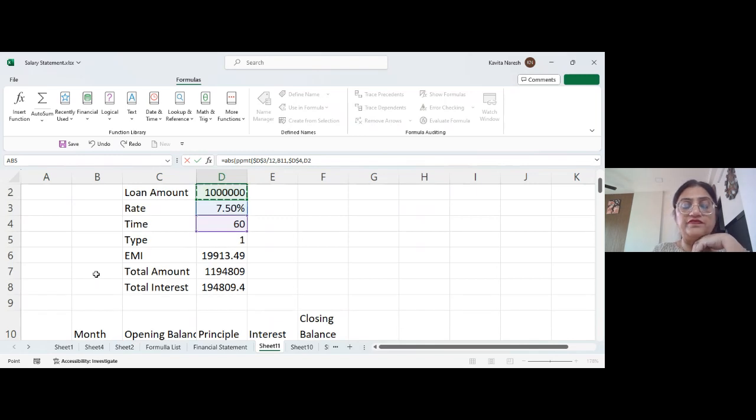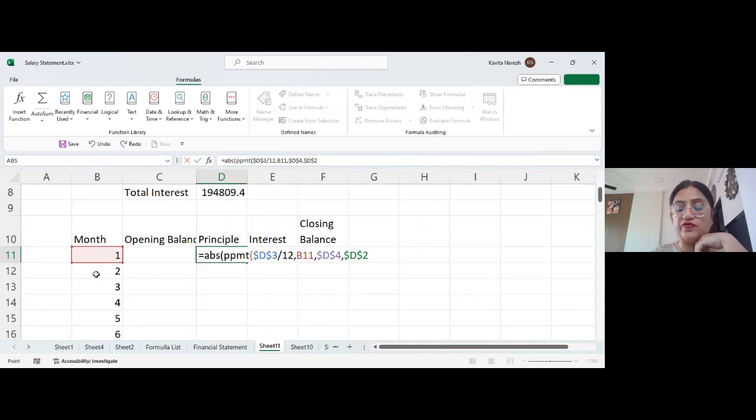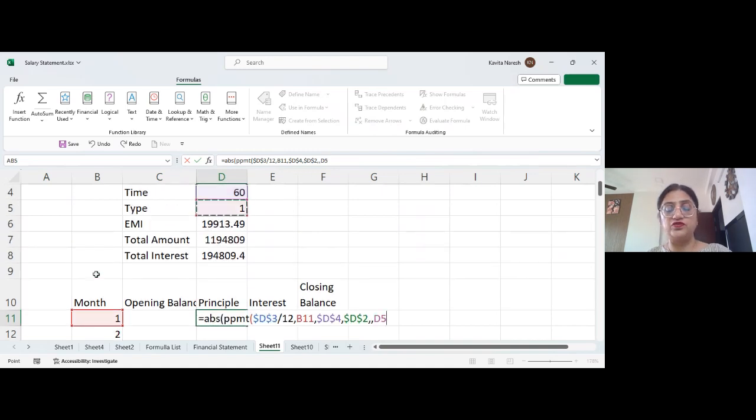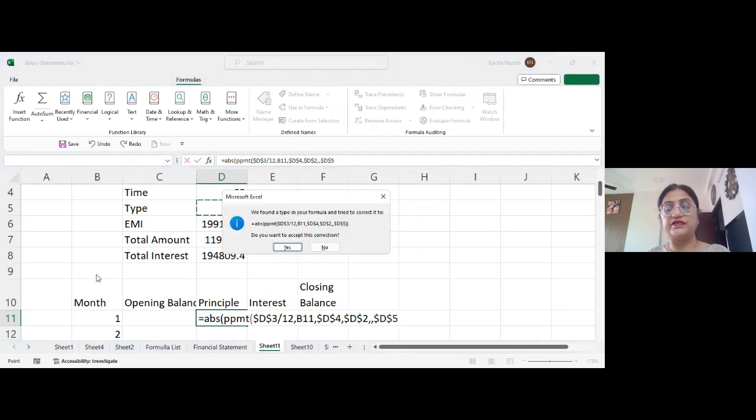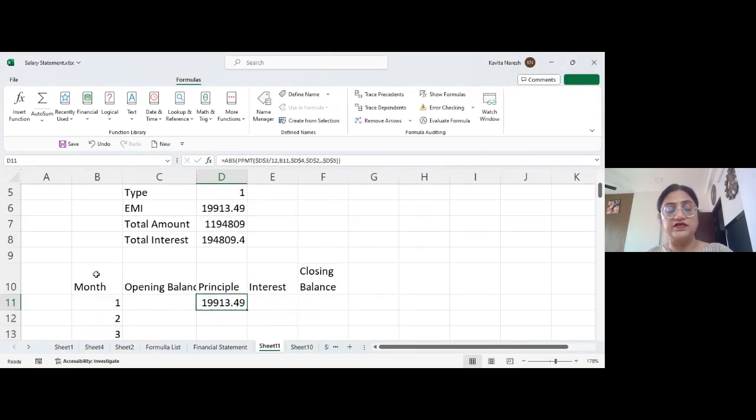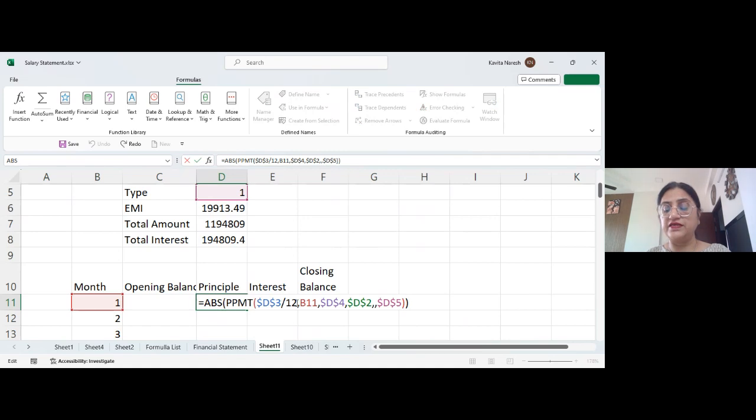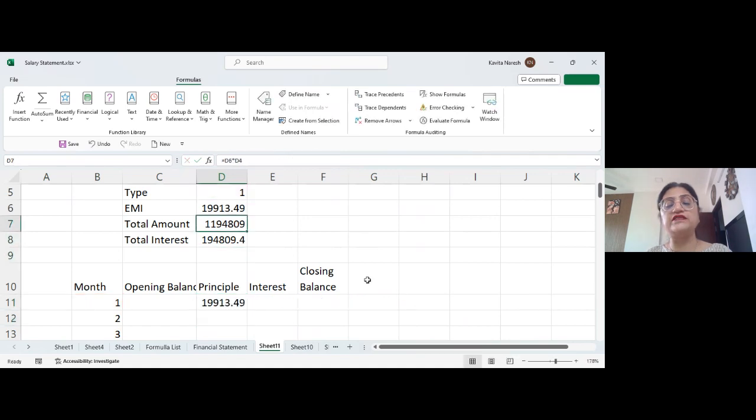Throughout the life, the present value of your loan amount will be same, comma, comma. Then use the type from this one. Use the reference, na? Type reference. Okay. Enter. See, PPMT principal. Your EMI is completely a principal.